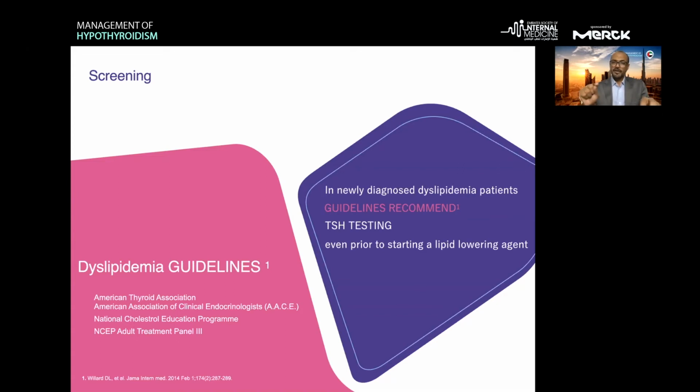And if they had an elevated TSH, you need to start them on thyroxine before even starting statin therapy for them. So number one of the group of people we need to screen are patients with dyslipidemia.